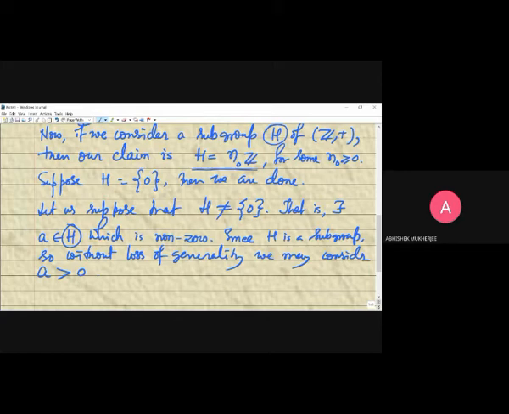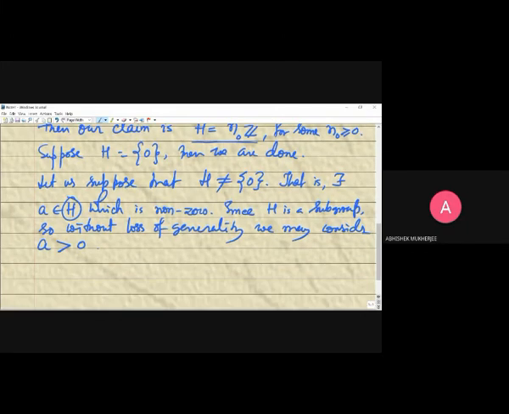Because in either case, you can find one integer strictly greater than 0 inside capital H, right?